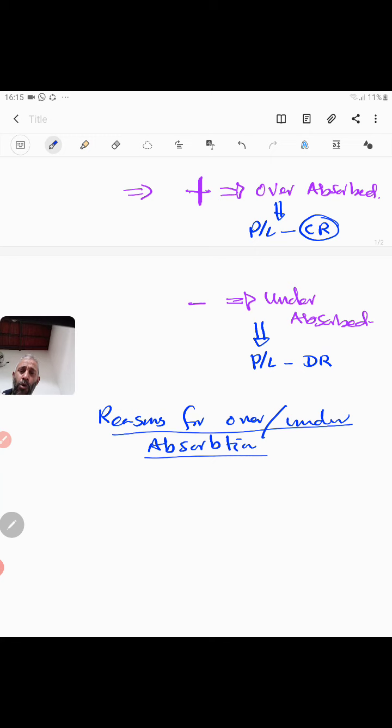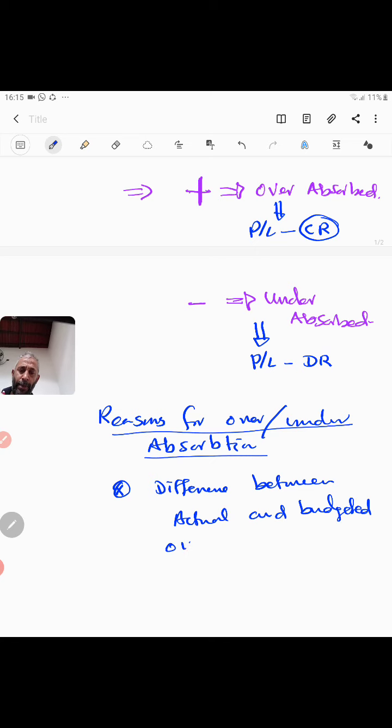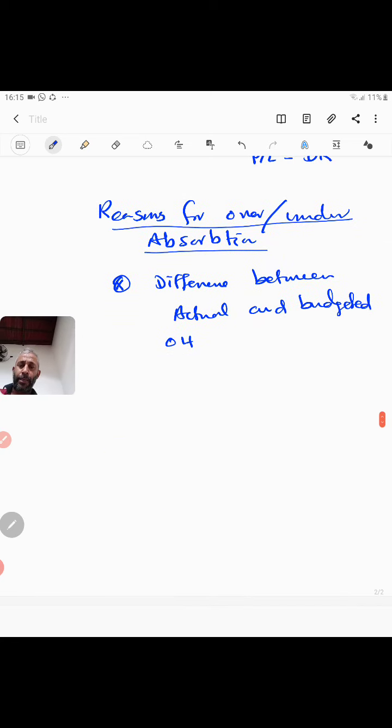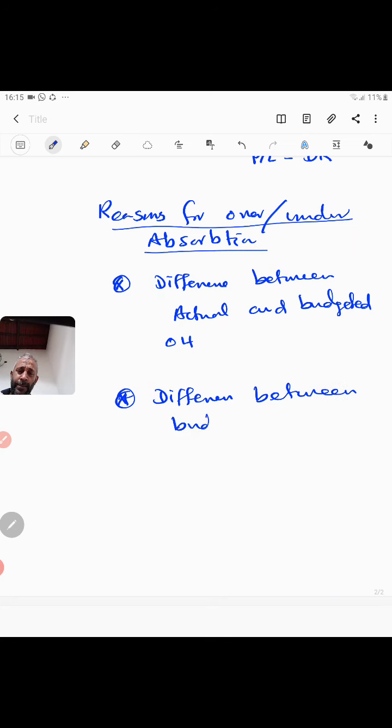So the reasons for over or under absorption can be either the difference between actual and budgeted overheads. That's one possible reason. The second possible reason is the difference between budgeted and actual activity.